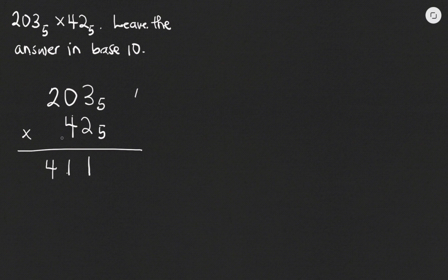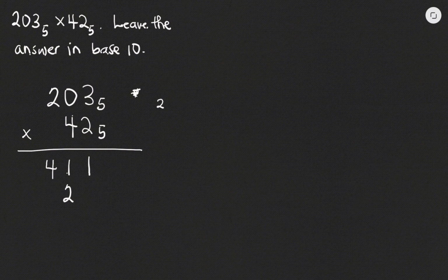Right, so now I come to the second digit, which is 4 over here. 4 multiplied by 3 will give me 12. Now I ask myself, how many times will 5 go into 12? It will go there 2 times, which is 10, and we are left with 2 as the remainder, so we write 2 here as the remainder.